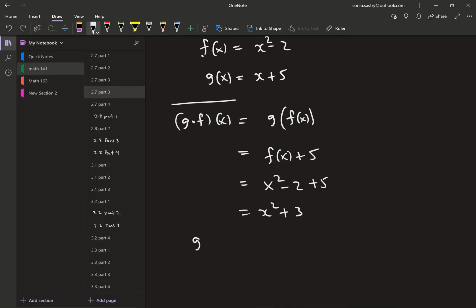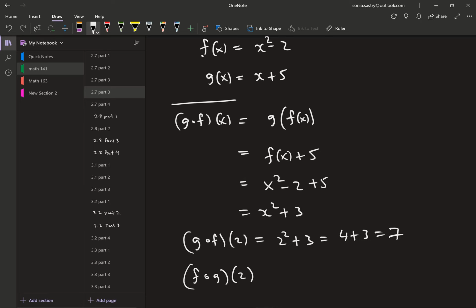So if you wanted to compute g of f of 2, you'd have 2 squared plus 3, which is 4 plus 3, which is 7. On the other hand, if you wanted to do f of g of 2, we'll do this just a slightly different way.